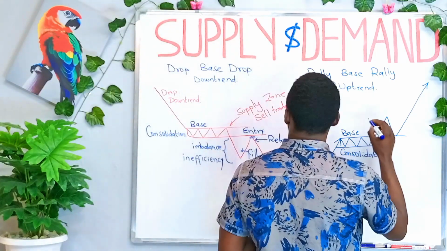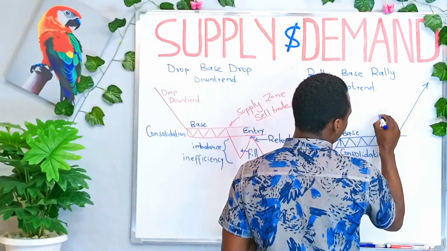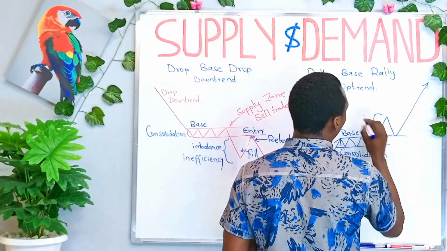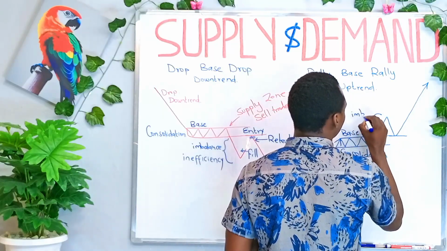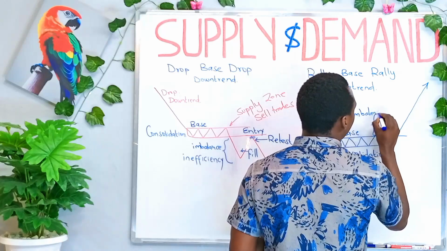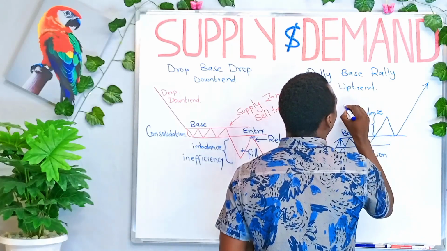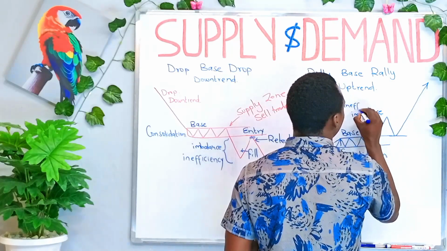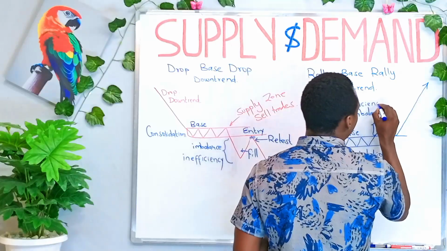Okay, so we can clearly see that in the markets this was the imbalance, the imbalance creating an inefficiency in the market.